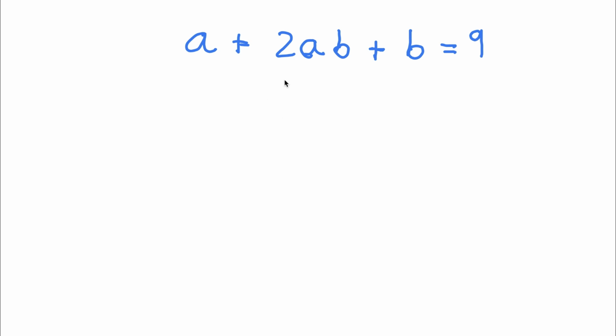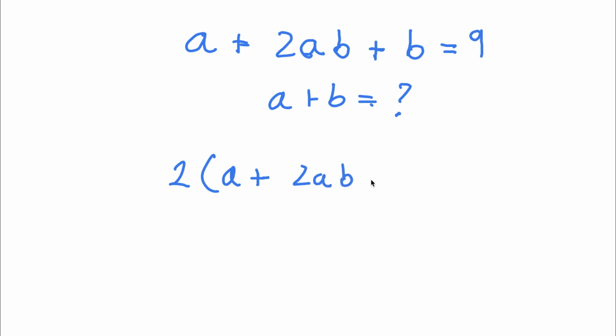Alright, so in this problem, I have a + 2ab + b = 9, and I want to find the value of a + b. To solve this problem, I'm going to first multiply both sides by 2. So now I have 2 times (a + 2ab + b) equal to 9 times 2.